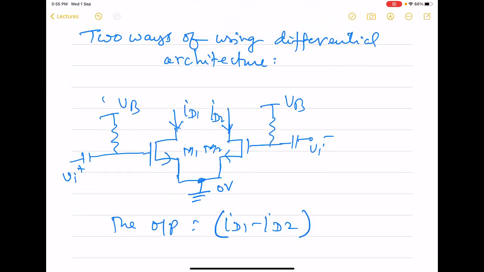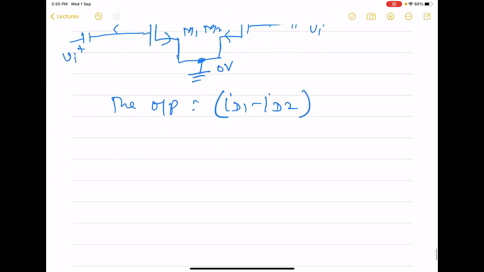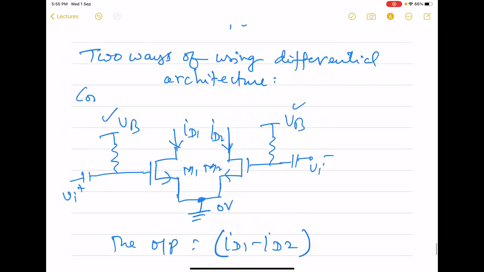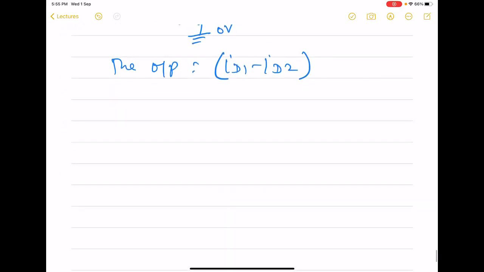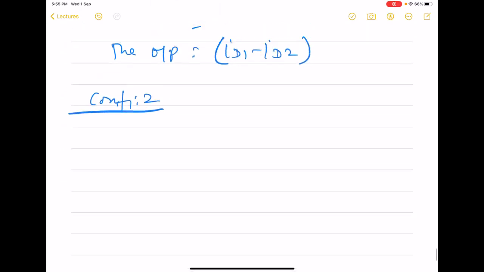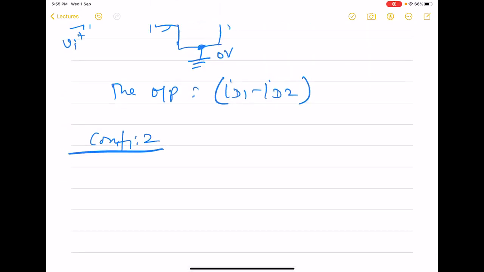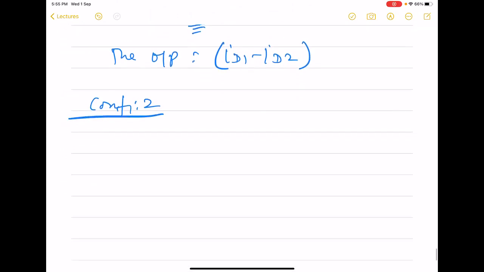And here we need to provide a certain DC voltage at the gate of the MOS. In the second configuration, we allow the voltage at the source to vary depending upon the input, but we keep the total drain current constant.